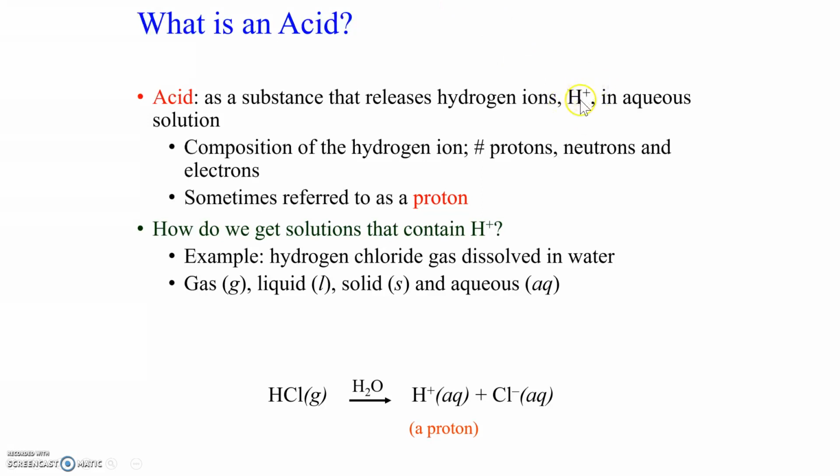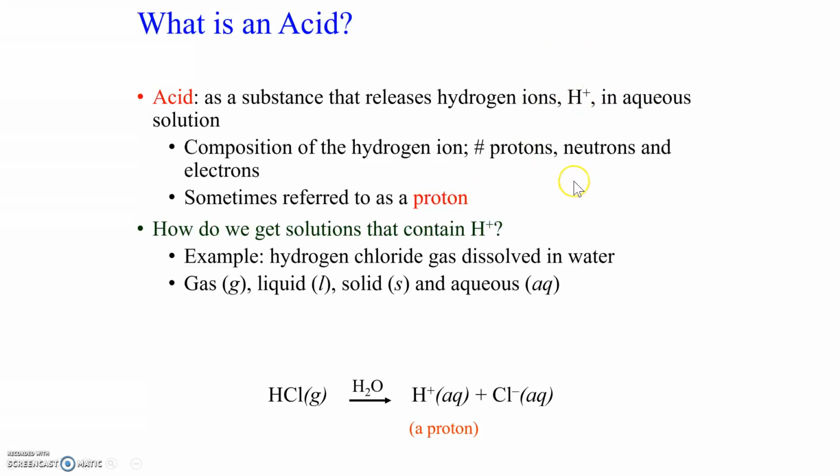When we look at the ion, H+, this means it has lost 1 electron. Now it has a +1 charge. So if we look at the composition of the hydrogen ion, we still have that 1 proton, no neutrons, and no electrons. Since this ion is basically just a lone proton, people will often refer to the H+, the hydrogen ion, as a proton.